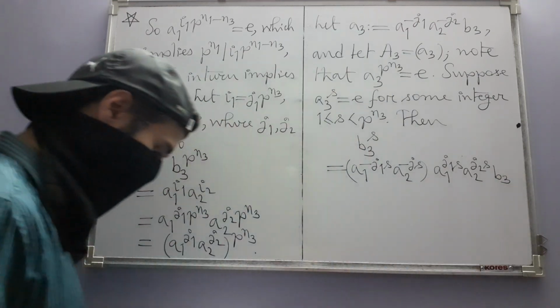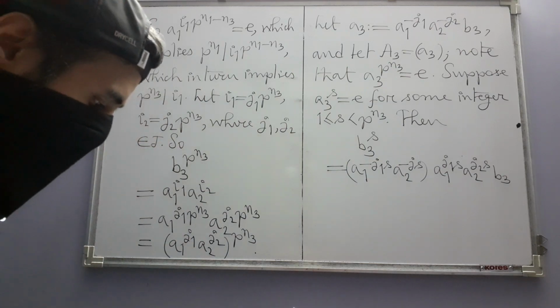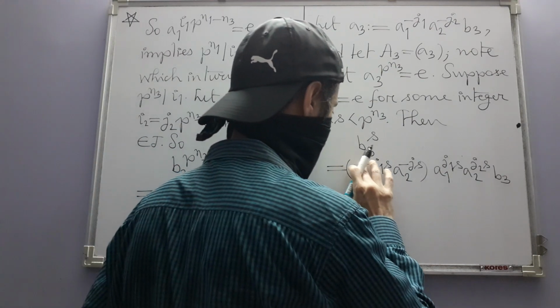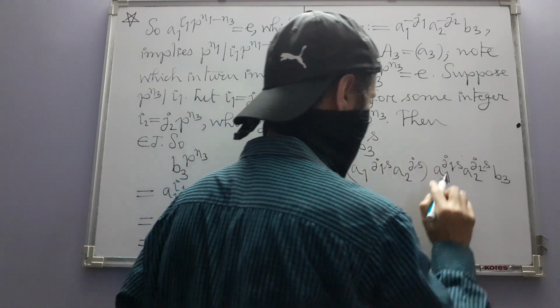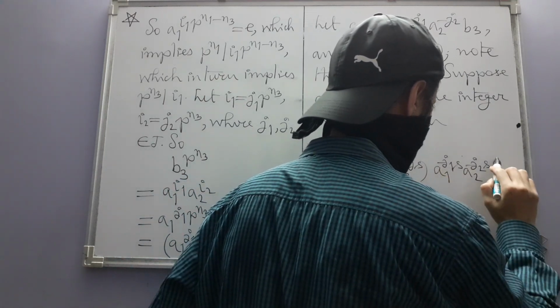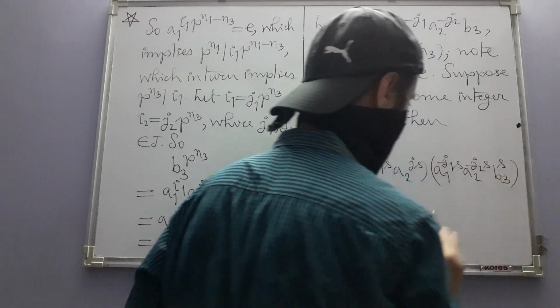Or did I write the exact opposite thing? This is not what I want here. I want the minus s here, b3 to the power s.